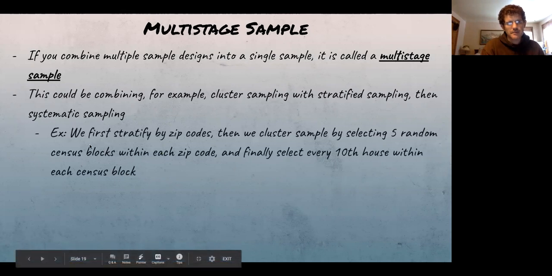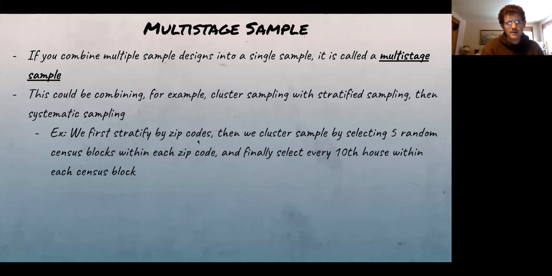So here's an example. If we're going to try and select people for some particular survey in a city, we could first stratify by zip codes. And then we could cluster sample by selecting 5 census blocks within each zip code, and then every 10th house within the census block. So that's a multi-stage sample that we've done. And if you're sampling a lot of people, that might make sense.